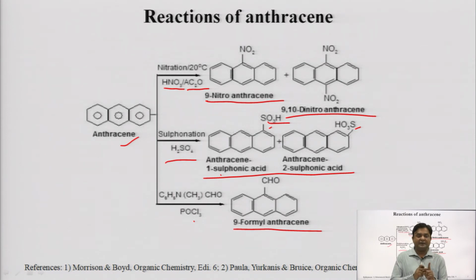So, in the first step an electrophile is generated, in the second step a carbocation is formed, and in the last step that carbocation gives up a proton to give the substituted product. So, in the last step removal of the proton from the intermediate carbocation occurs. This reaction mechanism is followed whenever we are talking about the electrophilic substitution reaction.